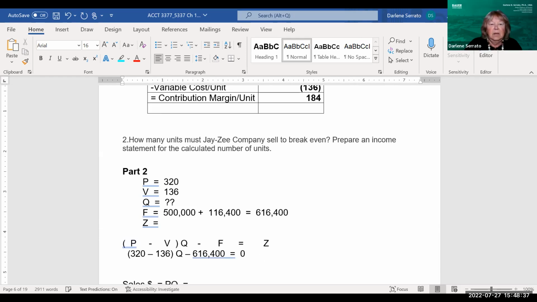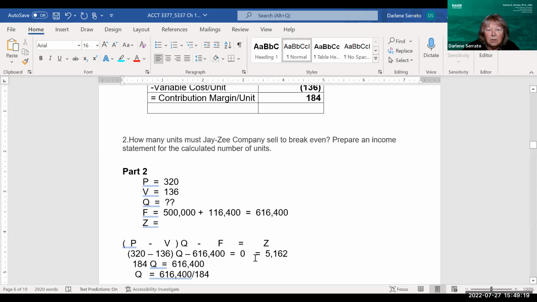Okay, so 184Q is equal to 616,400. So Q is equal to 616,400 divided by 184. And I got 5,162.